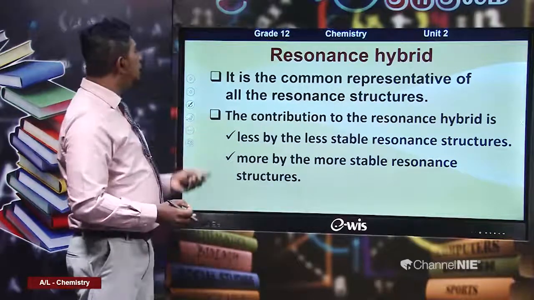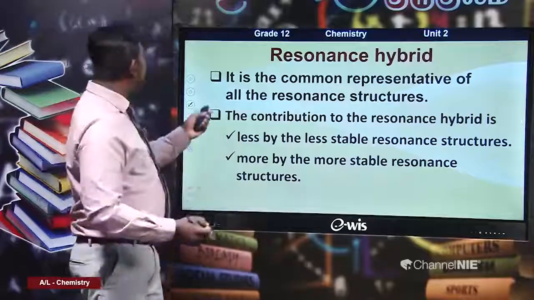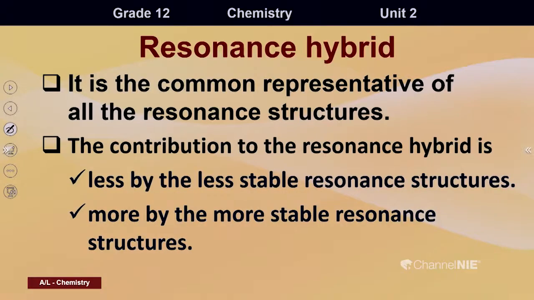That's what you need to know here. It is the common representative of all the resonance structures. The contribution to the resonance hybrid is less from the less stable resonance structures, and more from the more stable resonance structures.